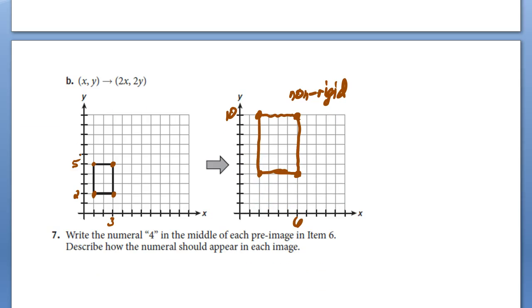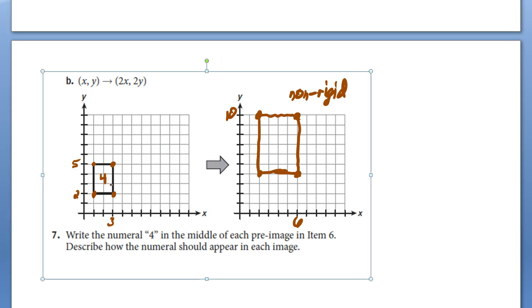This next one, if we were to write a number 4 in the middle of this, and we perform this transformation where things are doubled, that 4 would end up doubling. So describe how the numeral should appear in each image. In the first image, it stays the same size and shape, but in this second one, that numeral 4 would keep the same shape, but it would double in size.